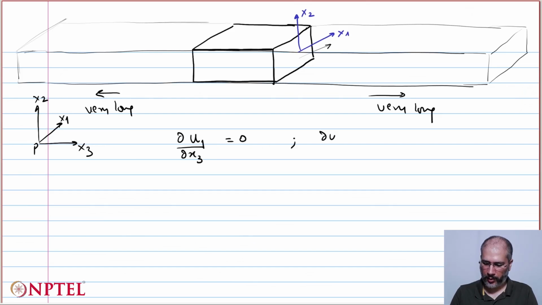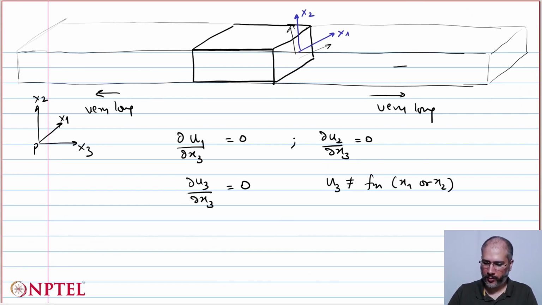And similarly, partial u2 by partial x3 is also 0 because the displacements in the x2 direction for points in the bar should not depend on the x3 direction, because the bar is extremely long in the x3 direction. So things have to be independent of that direction. And by the same idea, del u3 by del x3 should also be 0. Also, u3 should not be a function of x1 or x2.